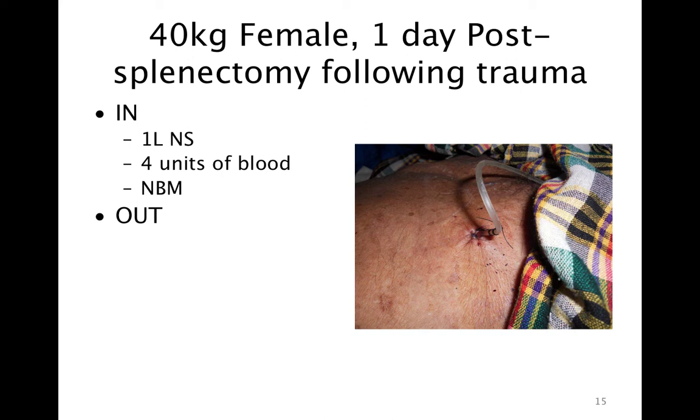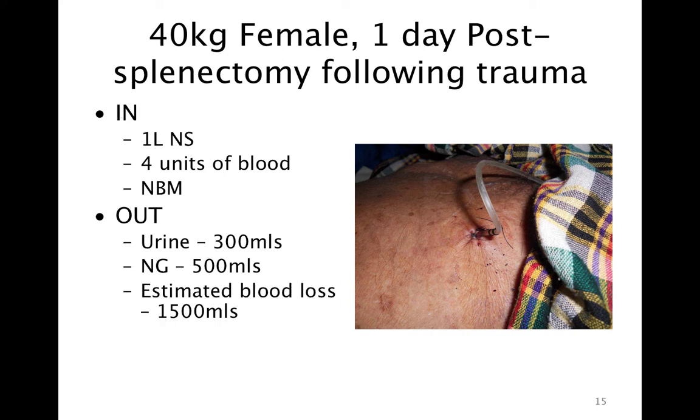Her fluid out in the same time period have been urine from her catheter 300 ml, 500 ml of gastric aspirate from her NG, an estimated 1,500 ml of blood, and a further 500 ml from the drain after surgery.